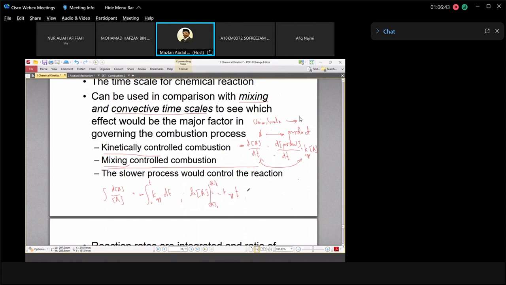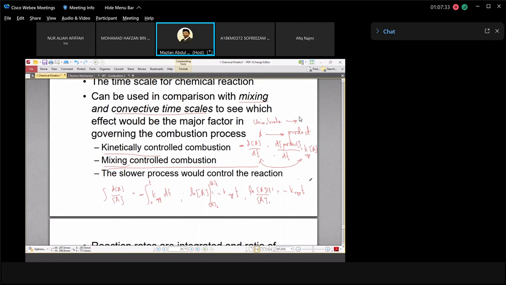So therefore, ln A to A0, equal to negative k. So there you go, the time is there, all right?